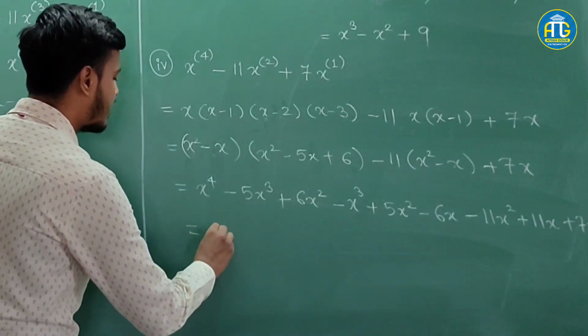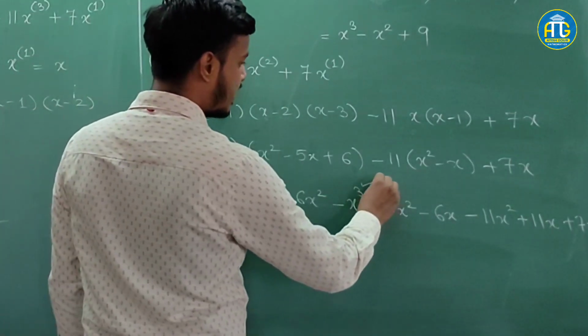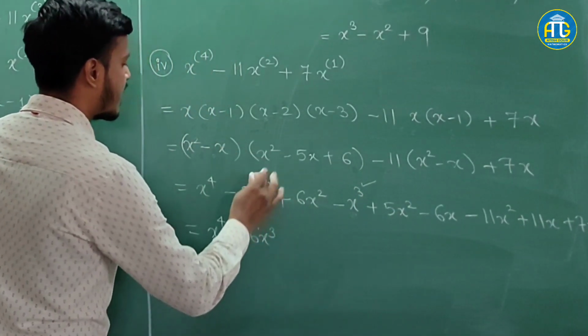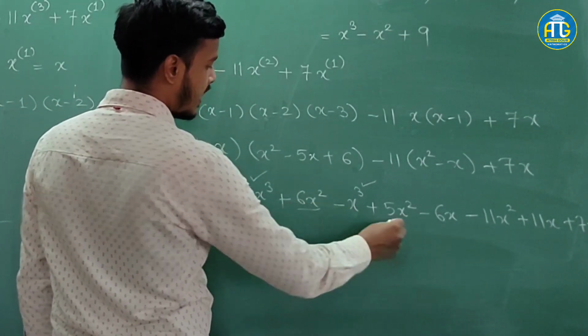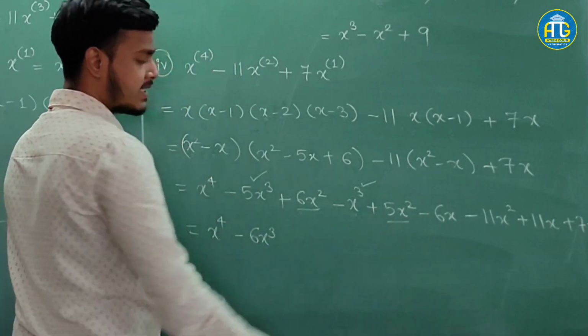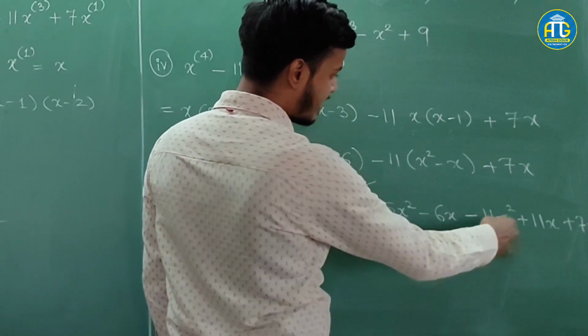We have only one term of x to the power 4. X cube we have this and this, so this is minus 6x cube. Now look for the terms of x square: we have 1x square, 1x square, 6x square, 5x square, and minus 11x square, which get cancelled.